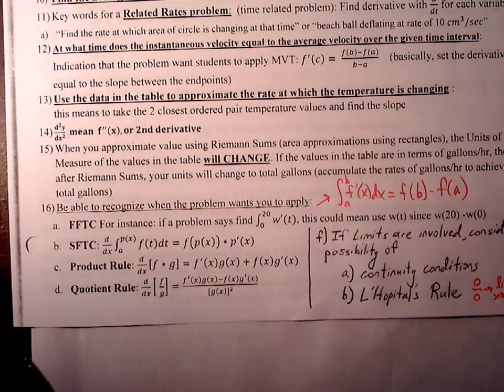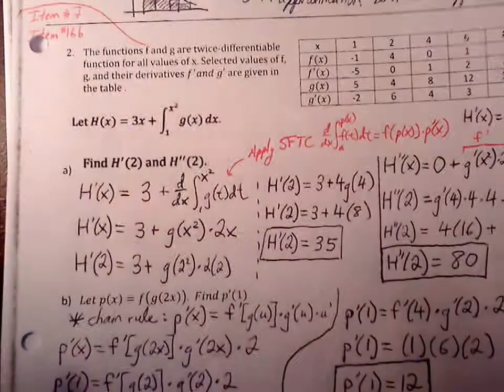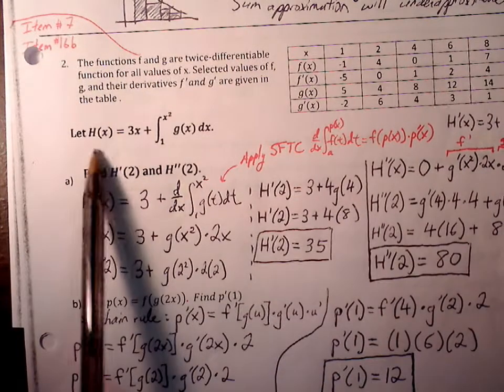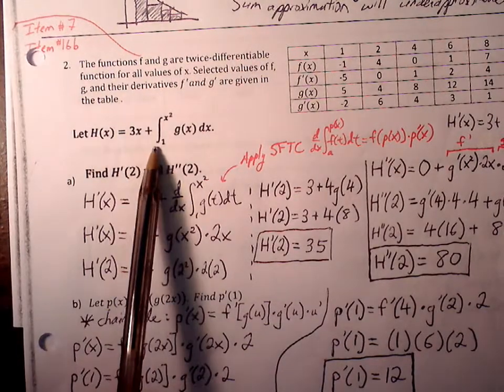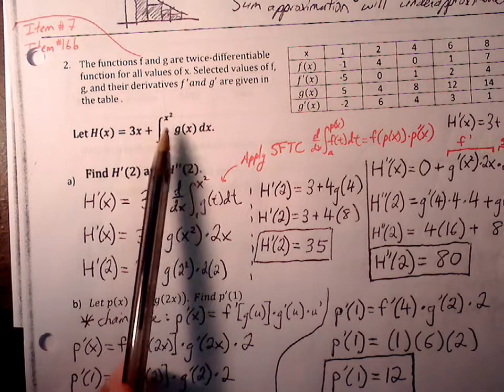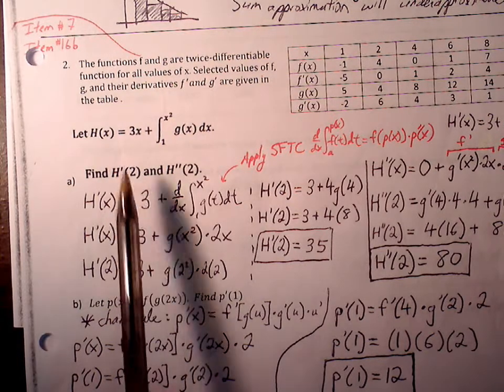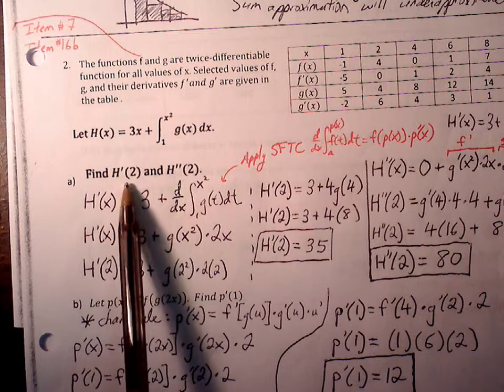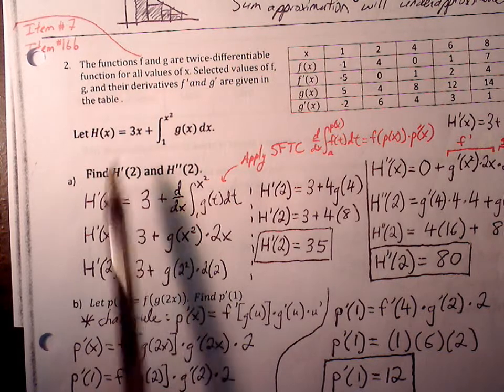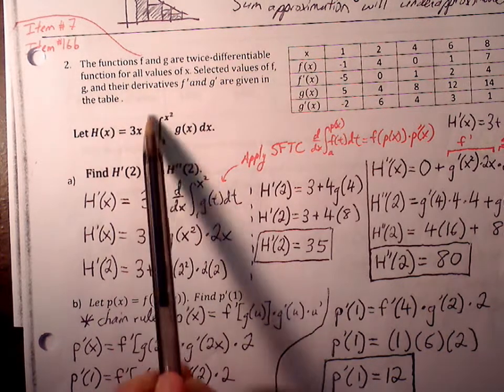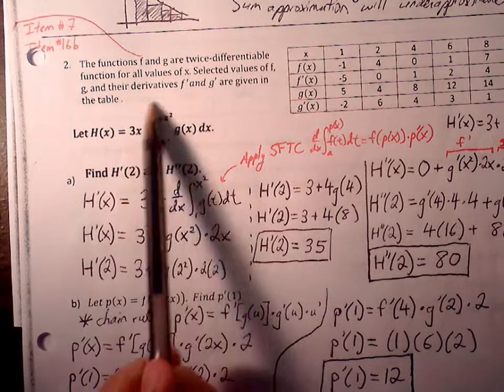So an example of that could be this problem here. If I let h of x be 3x plus the definite integral from 1 to x squared of g of t, and it's asking for me to find h prime of 2, I first need to find h prime of x. So 3x becomes 3, but if I want to find the derivative of this expression, I have to go through the second theorem.